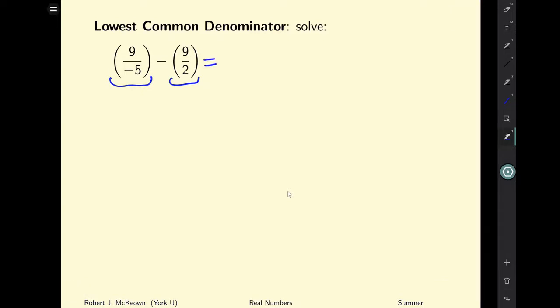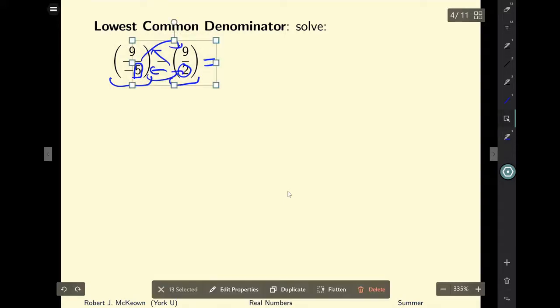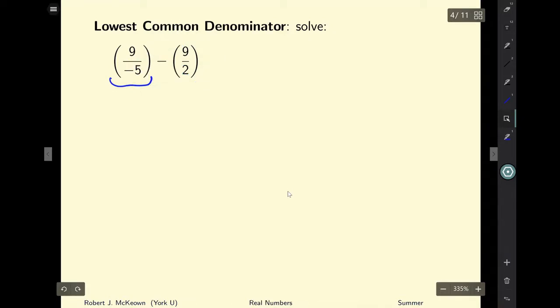So if I take a closer look here, I see that the simplest way for me to get a common denominator is to take this 2 and multiply it by the numerator and denominator of the left-hand term, and I'm going to do the same thing with this 5 to the right-hand side. So let me clear that off. It's getting kind of messy.